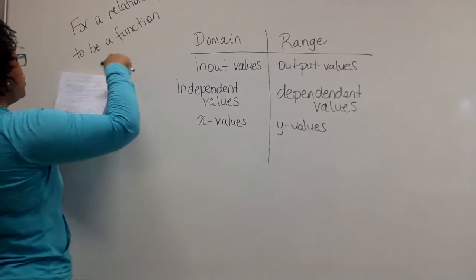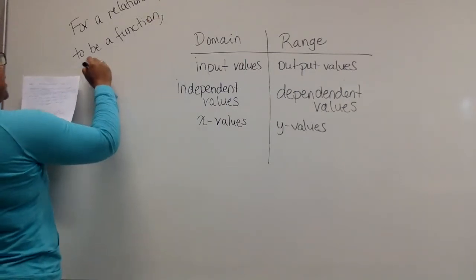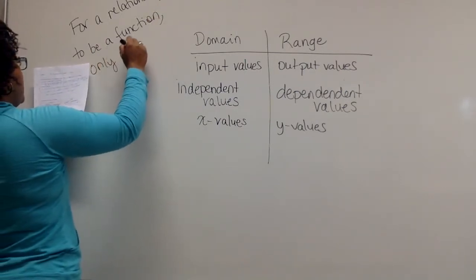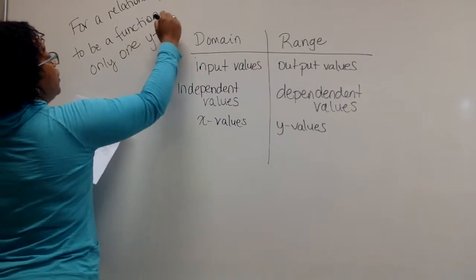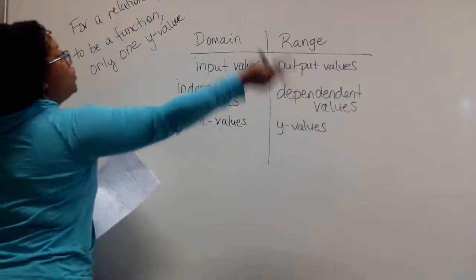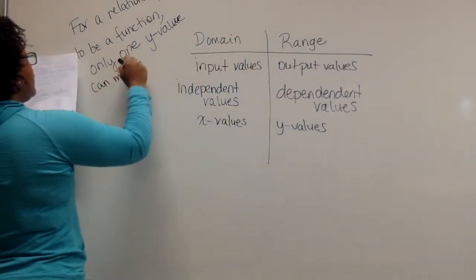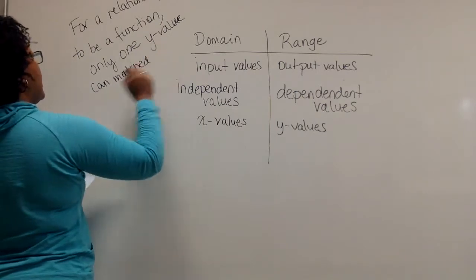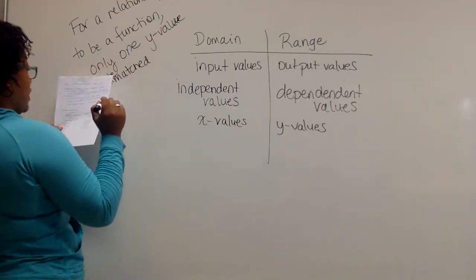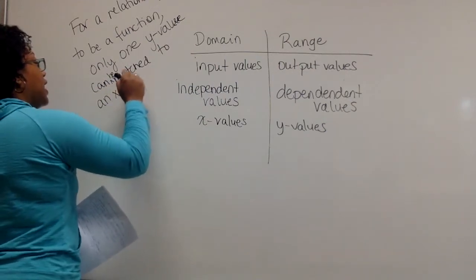So for a relationship or this set of numbers to be a function, you can have only one y value, or you can call it a dependent value or an output, or your range, matched to an x value. Okay?